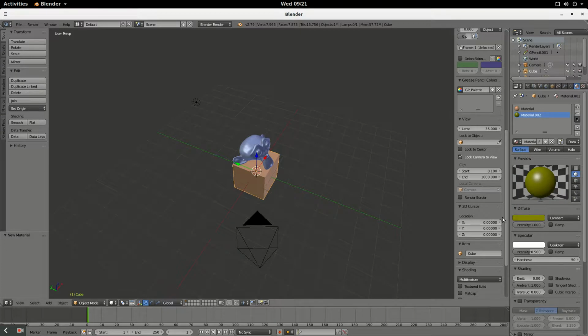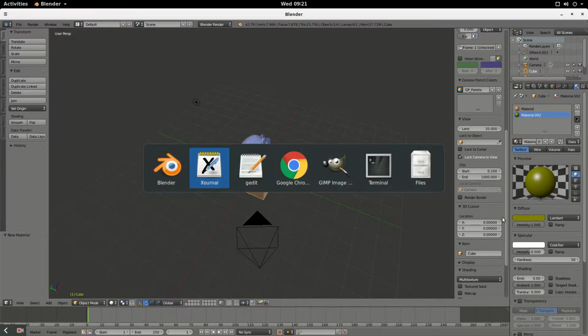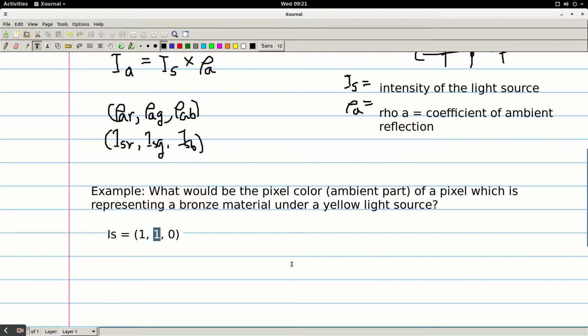It's getting darker. But it is still a shade of yellow. So 1, 1, 0, that's really bright yellow. And if you reduce the red and green component, then it's still going to be yellow, but a different tint of it. So if I define the intensity of the light source in this way, what I need now is the rho A value.